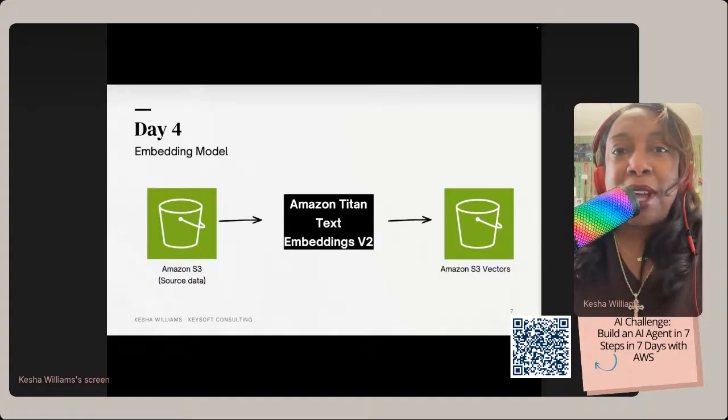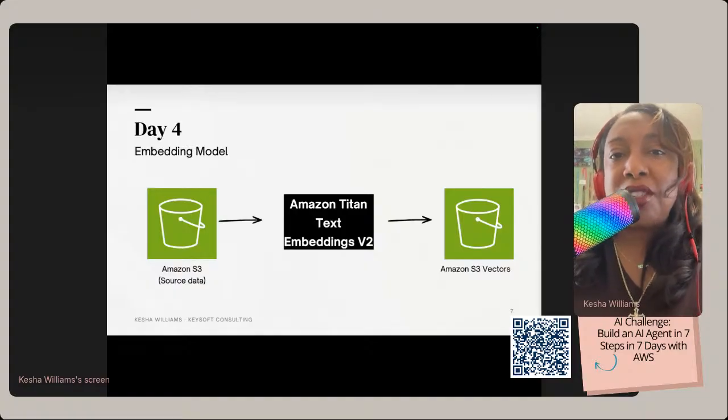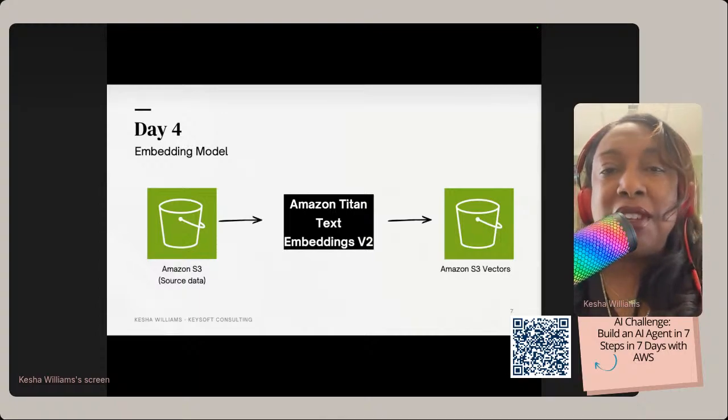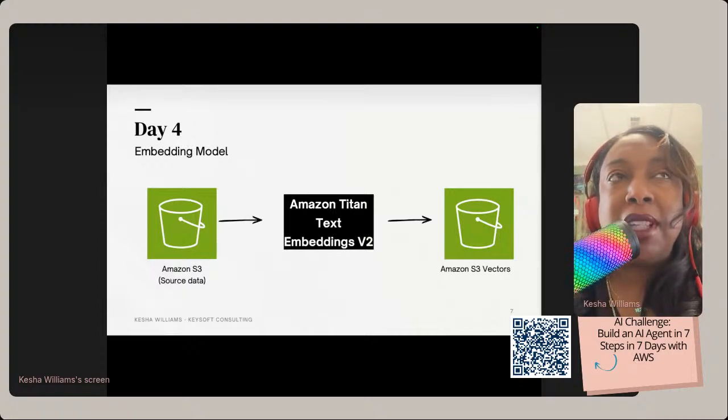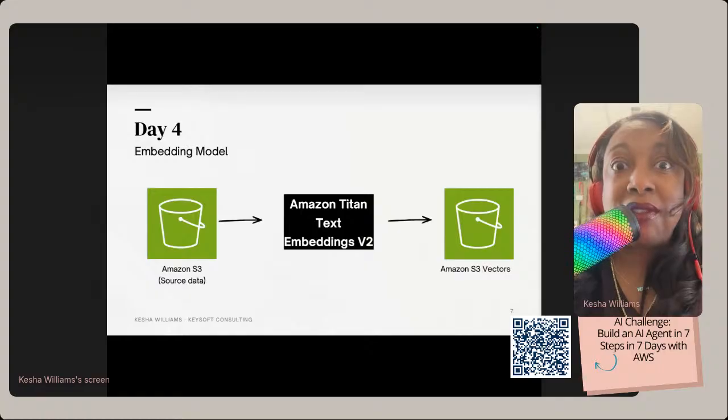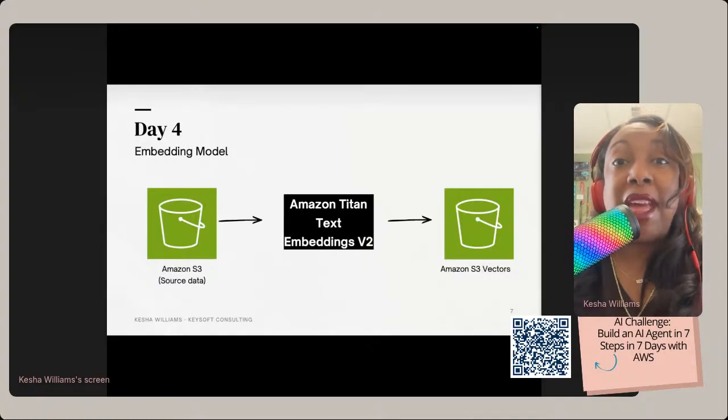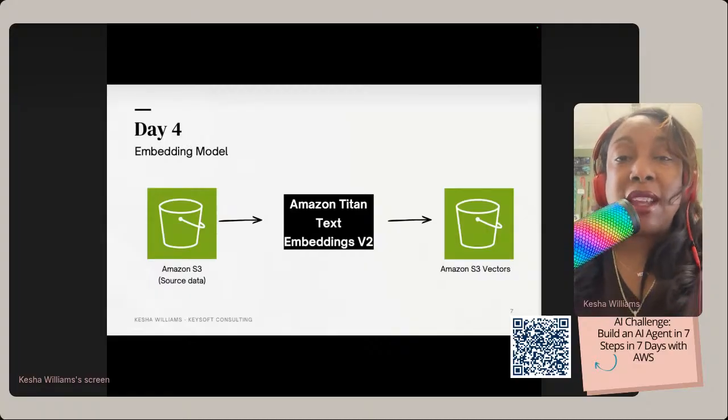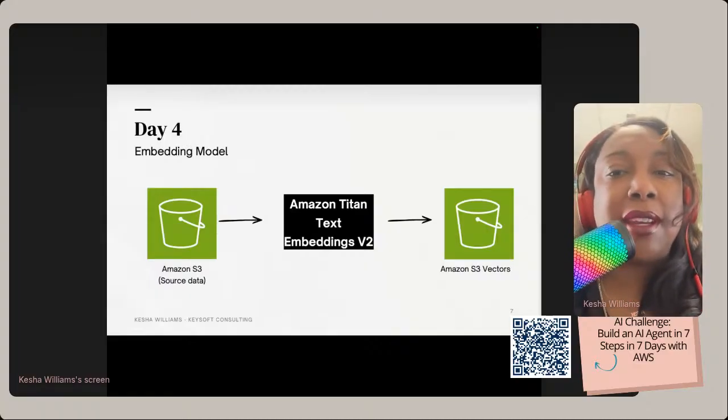One thing to note: whenever your data changes, so let's say I've given you 3 files, maybe later you decide to add a fourth file, you'll need to do what's called a resync to pick up that new file and create the new vectors associated with that data.